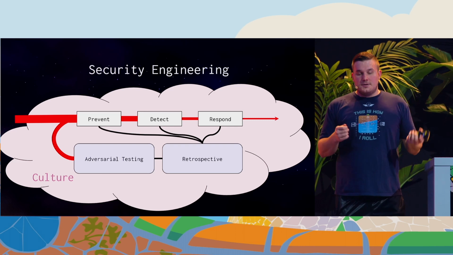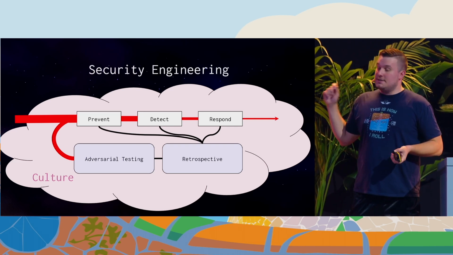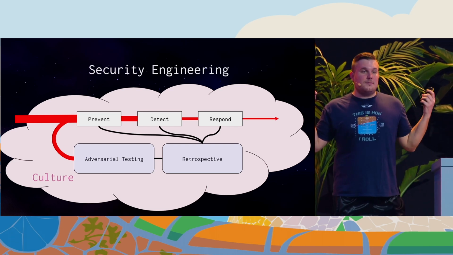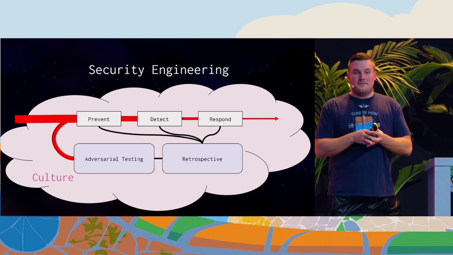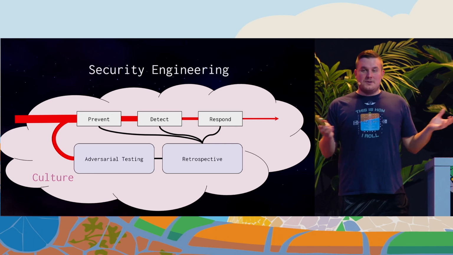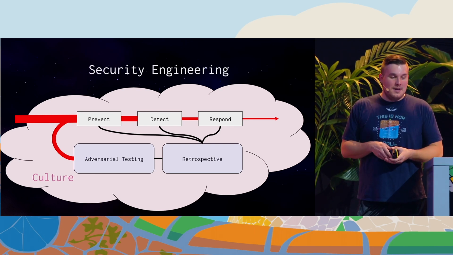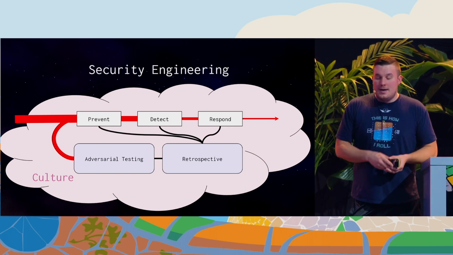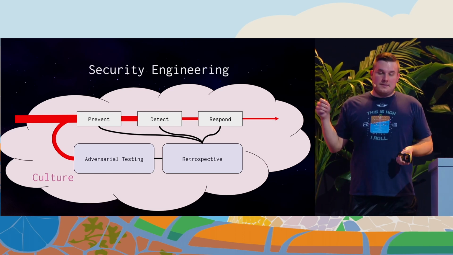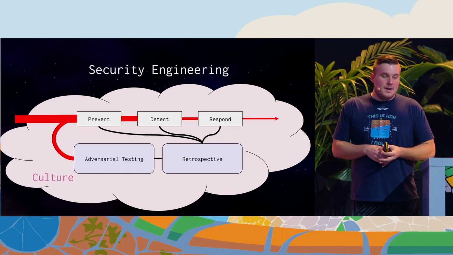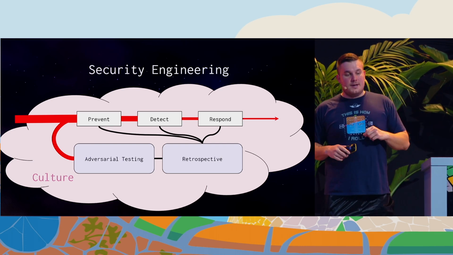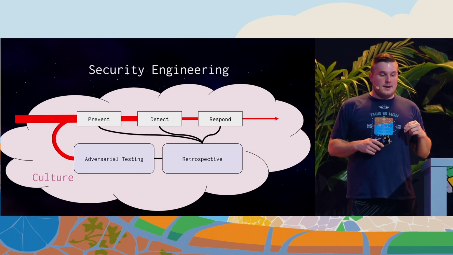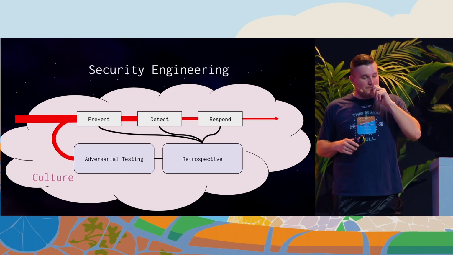So the attacks that do get through, you want to be able to detect them, because if your system's broken into and the attacker's in there and you never detect them, they have free reign of your computer networks or whatever the case may be forever. And when you do detect them, you need to have an effective response to kick them out. So these are the 3 pillars of security: first, prevent the attack; 2, detect the attack; and 3, respond to the attack.